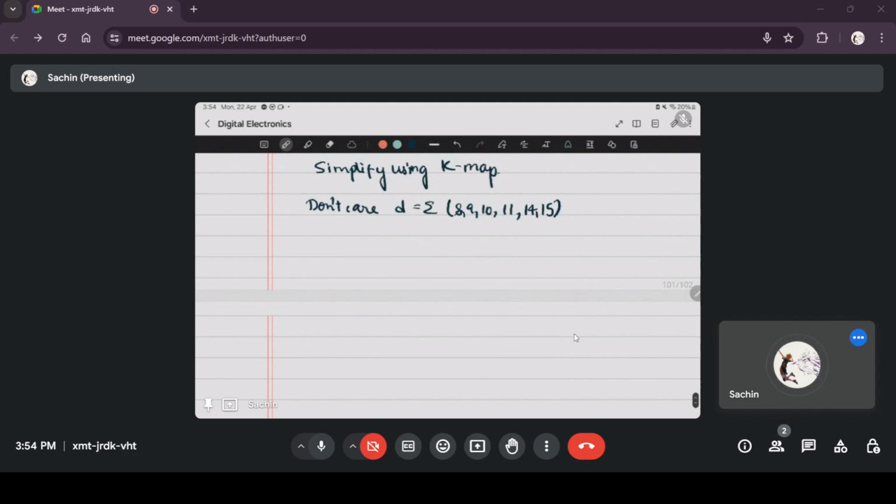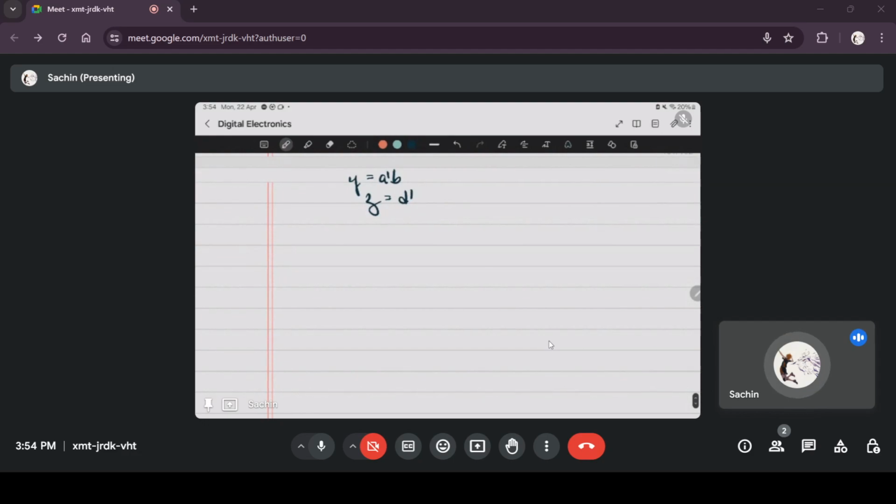We don't care about those numbers. And if you simplify using K-maps, you will end up with the following. For which again you can write down the logic diagram on your own.